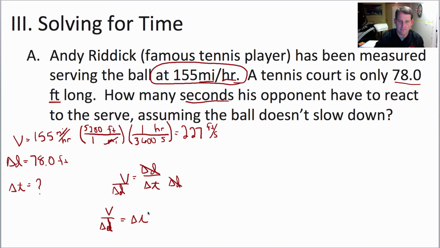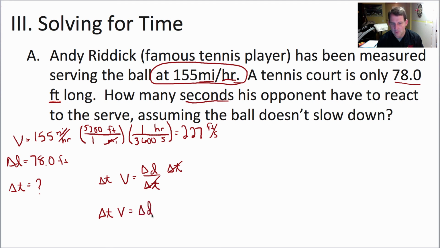So I'm going to show you a better way of approaching this. The problem here is that the T is in the denominator. Whenever you encounter a T in the denominator, you've got to first get it out of the denominator. The way to do that is simply to multiply delta T on both sides of the equation. These two delta T's cancel, and you end up with delta T times velocity is equal to the change in distance.